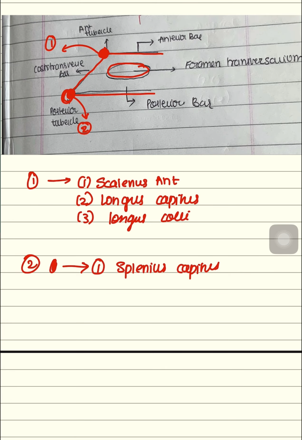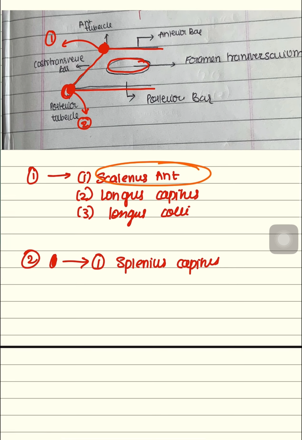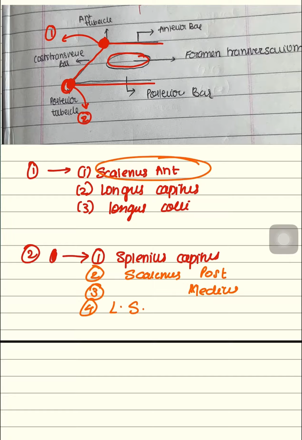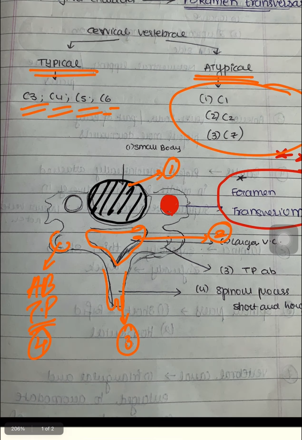Here on the anterior tubercle we had scalenus anterior, right? So on the posterior tubercle we will have scalenus posterior and medius both. And then the fourth attachment will be to levator scapulae. On the body we have two attachments.